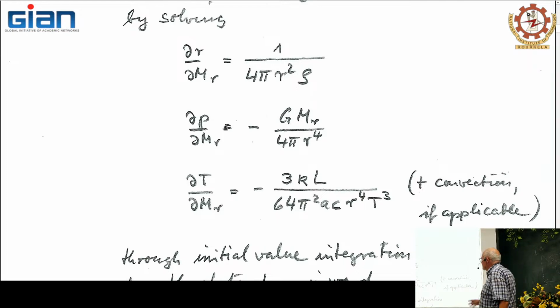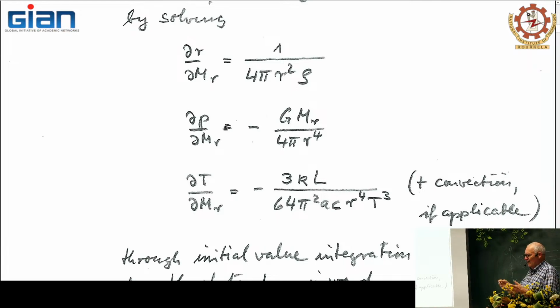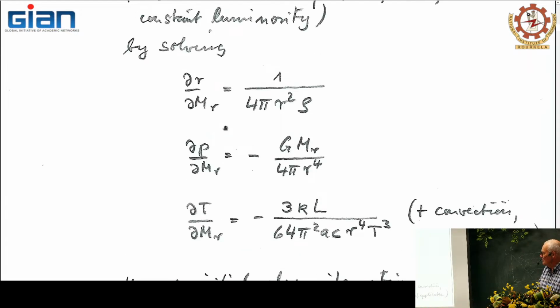The advantage of this envelope model calculation is that we can perform an initial value integration, by integrating these three equations from the photosphere inside to some maximum temperature, which can be chosen just so as to avoid, for instance, nuclear reactions, because what we do not integrate here is the equation for luminosity.